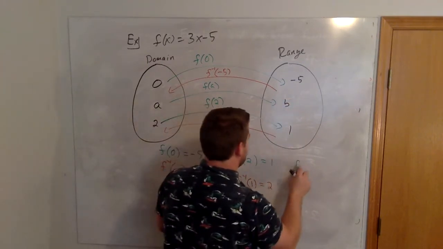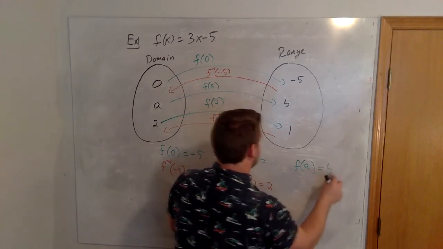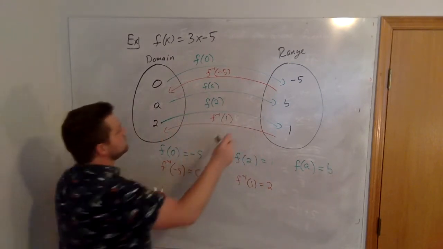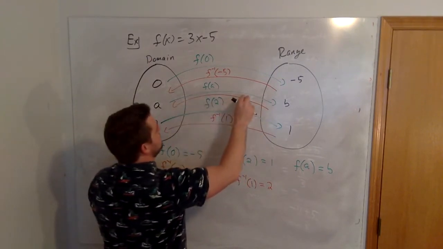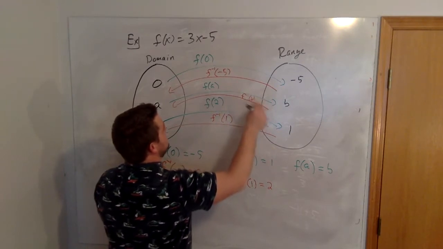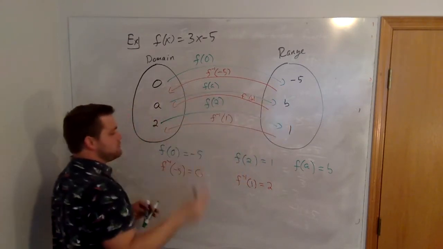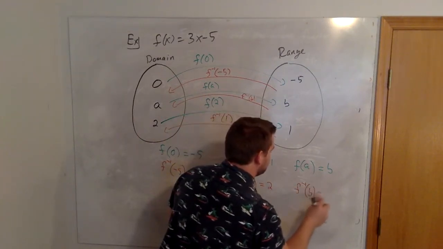So f of a is equal to b. Now the inverse function would bring me back. If I plug b into the inverse function, f inverse of b, that would bring me back to a. So f inverse of b gives us a.